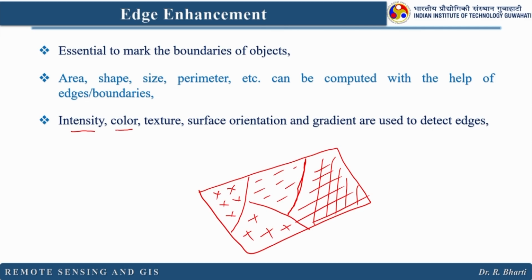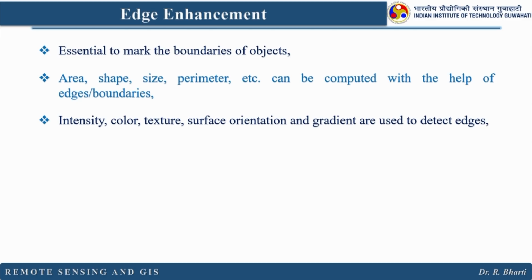And at the same time, surface orientation and gradient. Gradient is a very important concept, because we will be using a gradient detector. That detector will help us to identify these edges, right. So what do we mean by gradient?